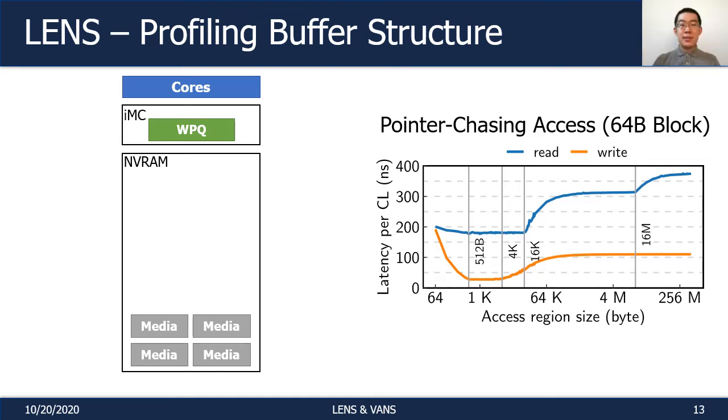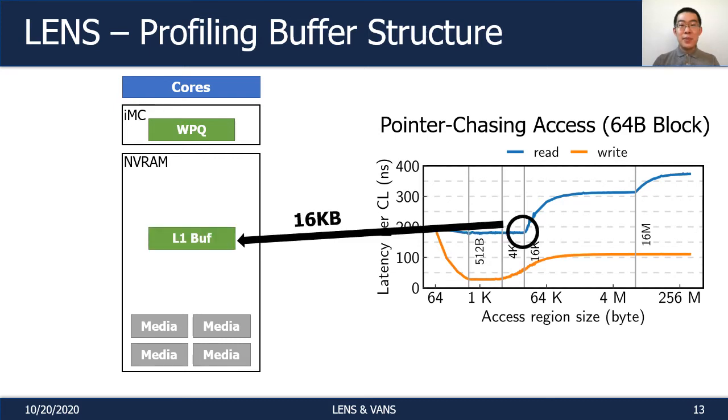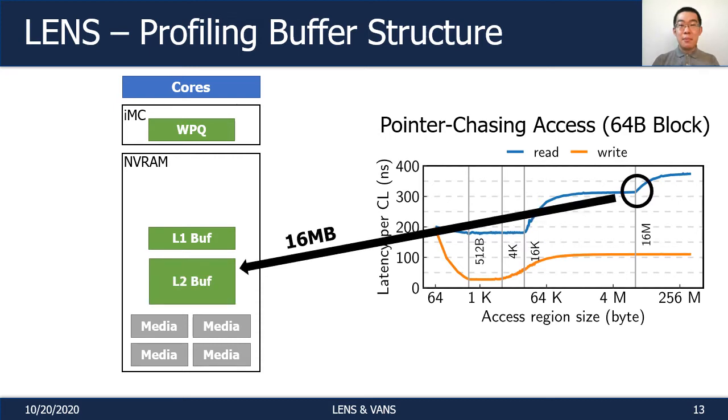In this test, the read latency starts to increase at 16 kilobyte region size, which means there is a 16 kilobyte buffer that overflows at this point. We denote it as the L1 buffer. For the same reason, there is a 16 megabyte L2 buffer. The L2 buffer latency is about 100 nanoseconds, which means it's inside a DRAM.